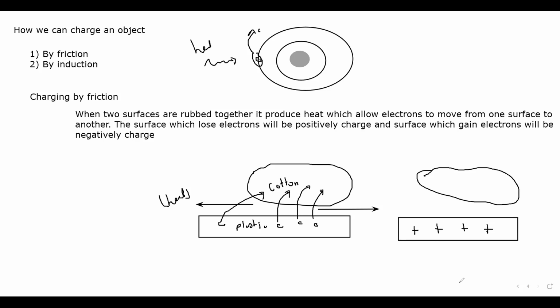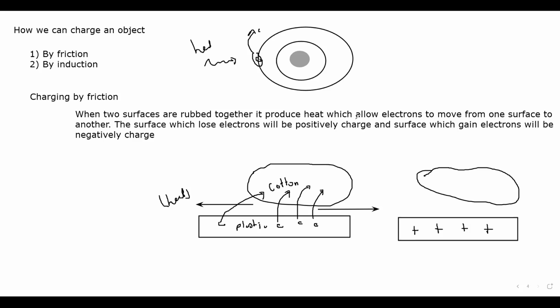There are other atoms too, but yes, you can rub any two surfaces and this will work, but effectiveness depends on the nature of the atoms, like the strength of the bond or the attraction of the electron to its nucleus.